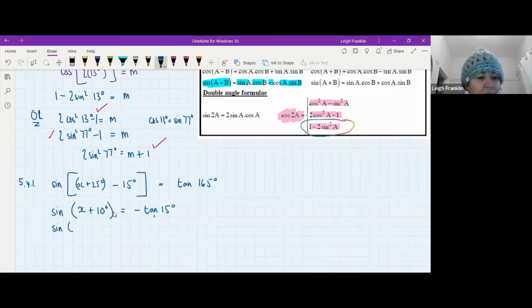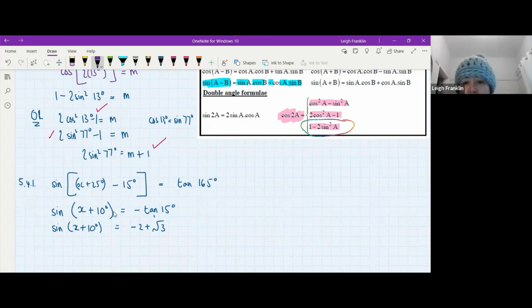That means that sine of x plus 10 is equal to negative tan 15, and your ratio is a weird number. It's negative 2 plus root 3, which you can write out as a number in full if you want to, but it's going to be long and tedious and unnecessary. What's important to note is that it's negative.